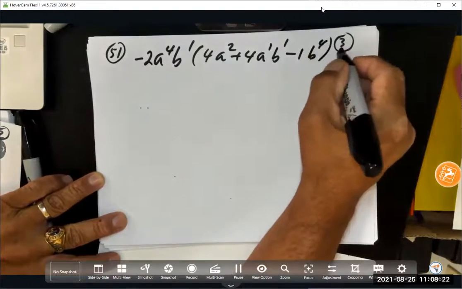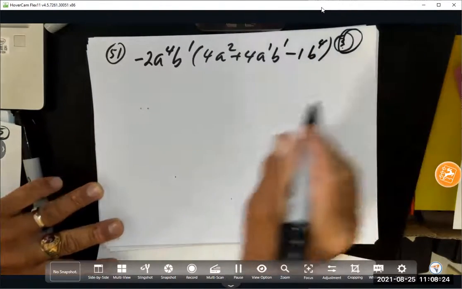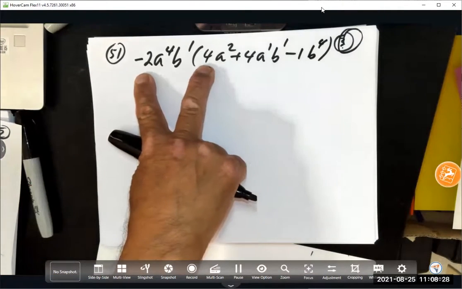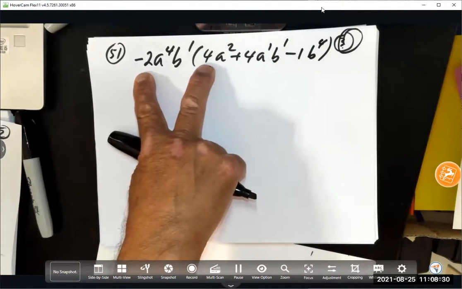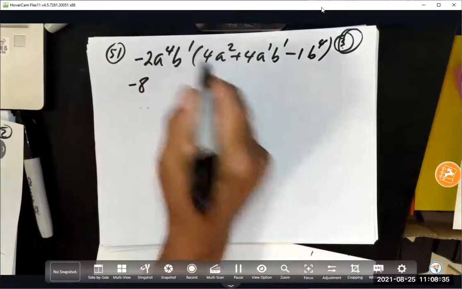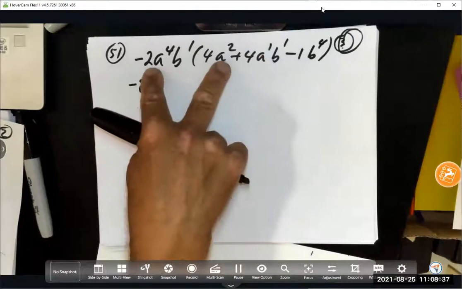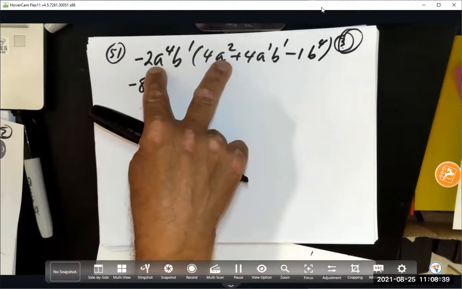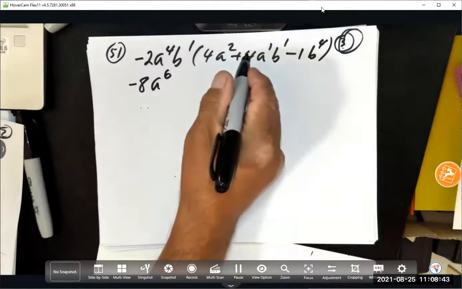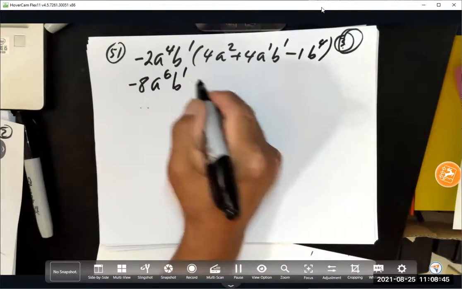All right. So first one, these two right here. Negative 2 times 4. Negative 8. A to the 4 power, a to the 2 power. Can you add those two powers up? The 6 power. A to the 6. And then b to the 1, there's nothing else for the b, it stays just like that.